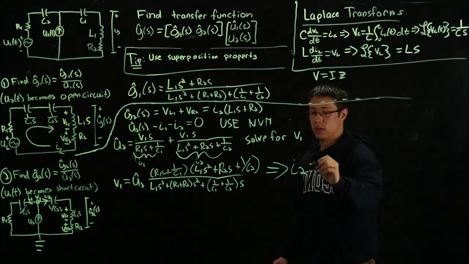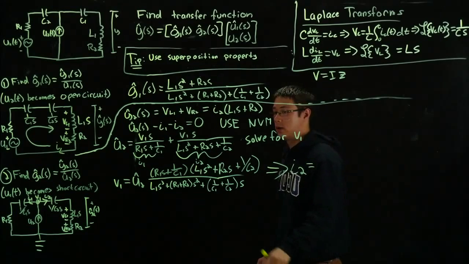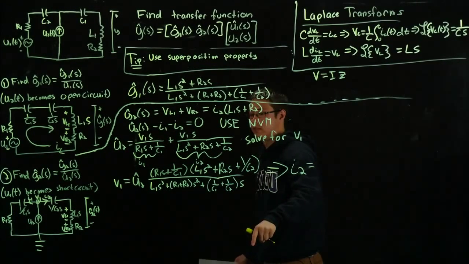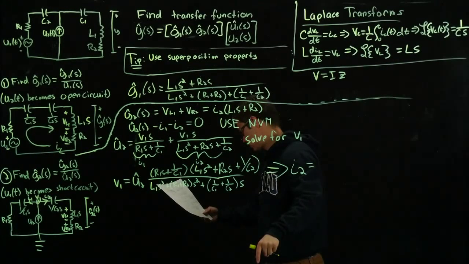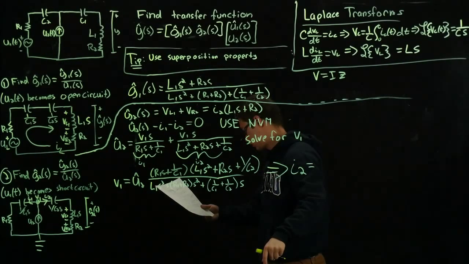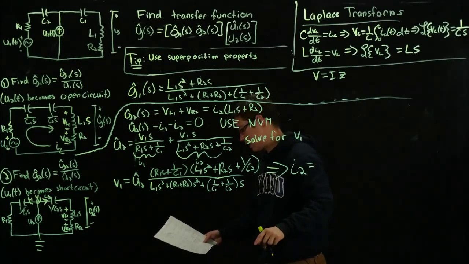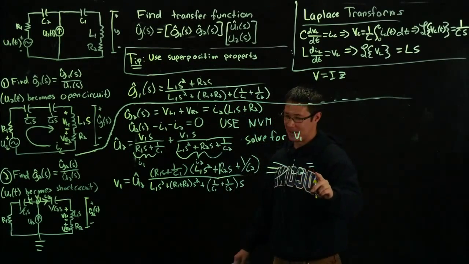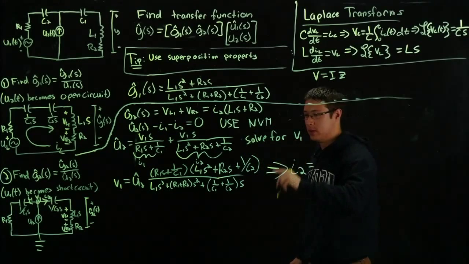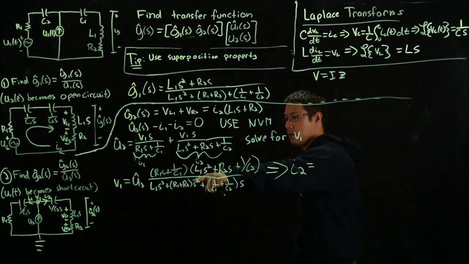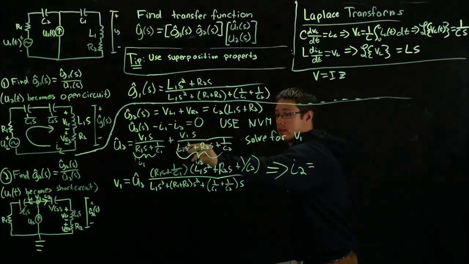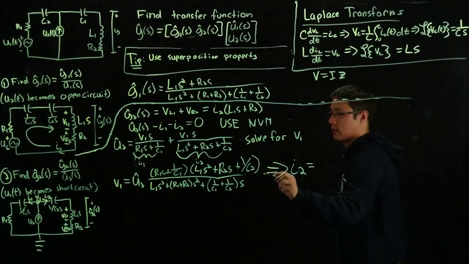I2 is equal to, now if you notice, when we multiply V1 in, sorry about that. We notice that when we substitute V1 into the equation for I2, this and this will cancel out.